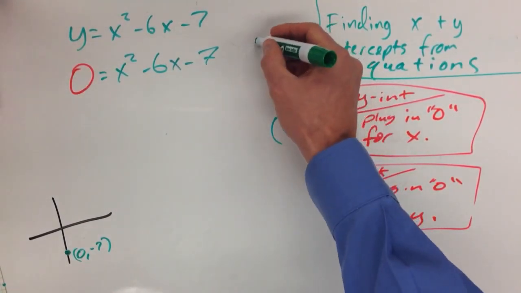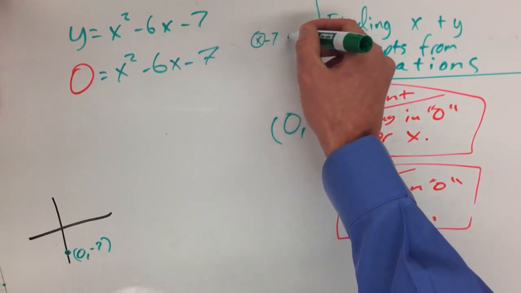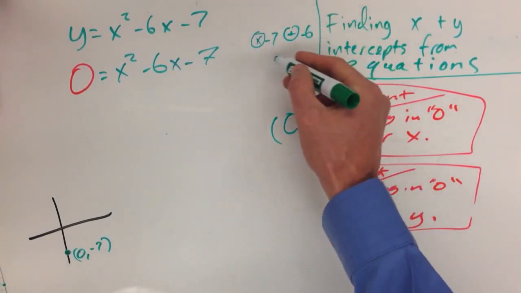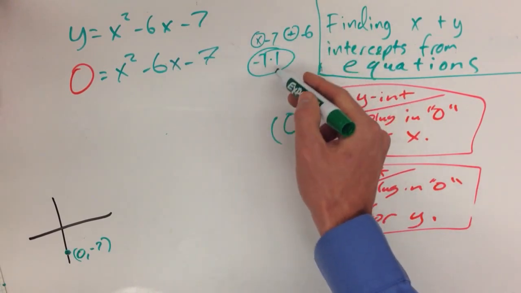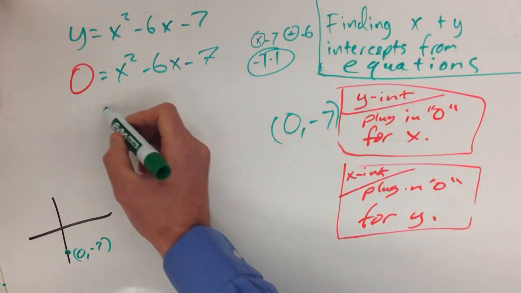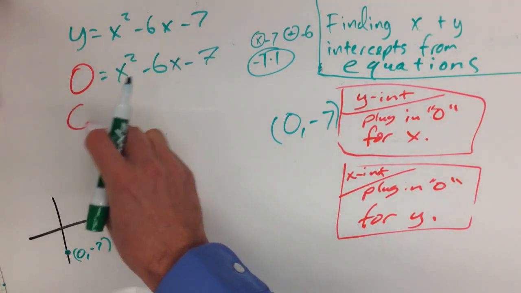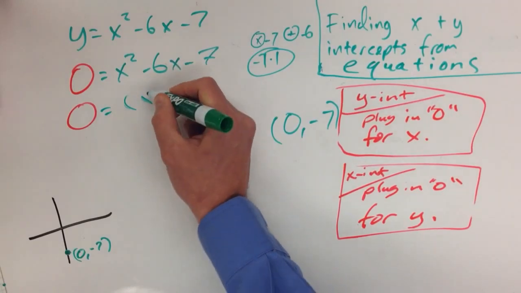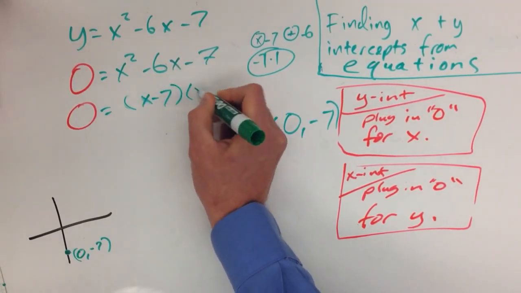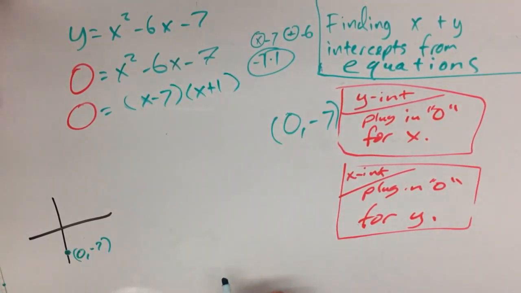So you may remember, we need numbers that multiply to -7 and add up to -6. -7 and +1 are those numbers. They'll both multiply to -7 and add up to -6. So I have 0 equals, if I factor this, (x minus 7)(x plus 1).